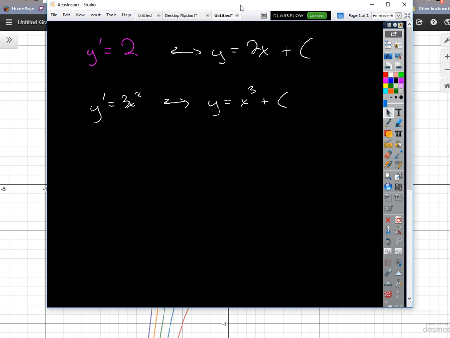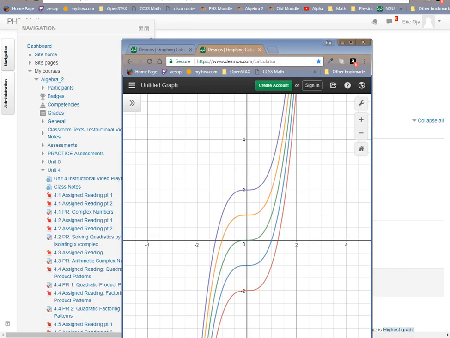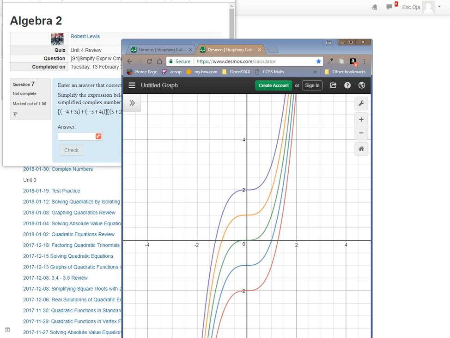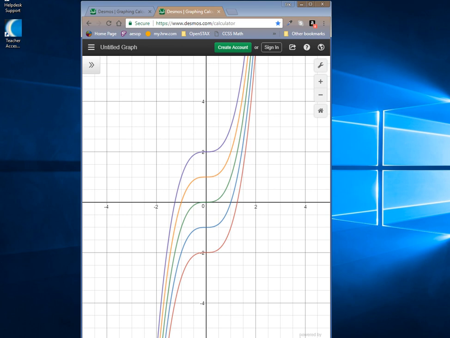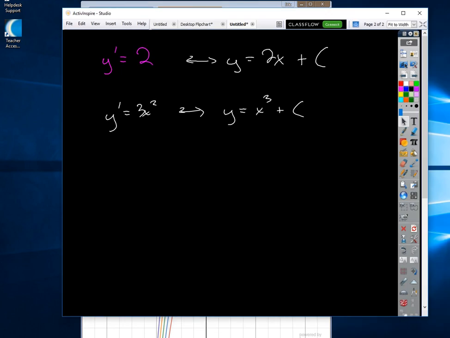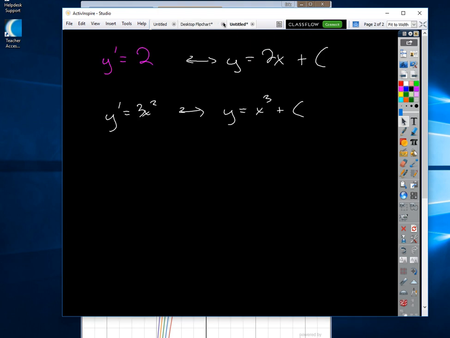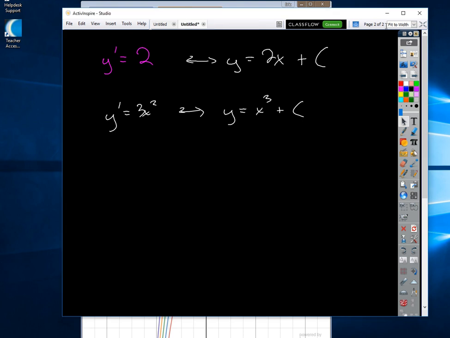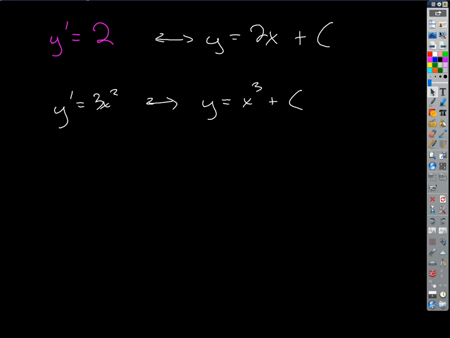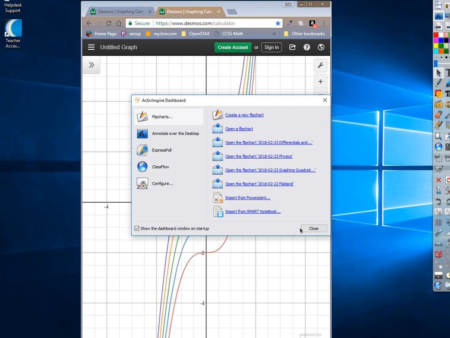Oh, that's weird. This has never happened before. That's supposed to let me see my desktop, which it's not letting me do. That's better. There we go.